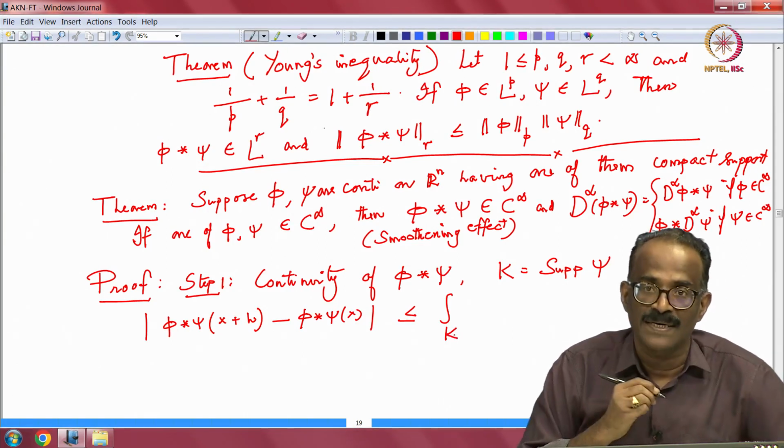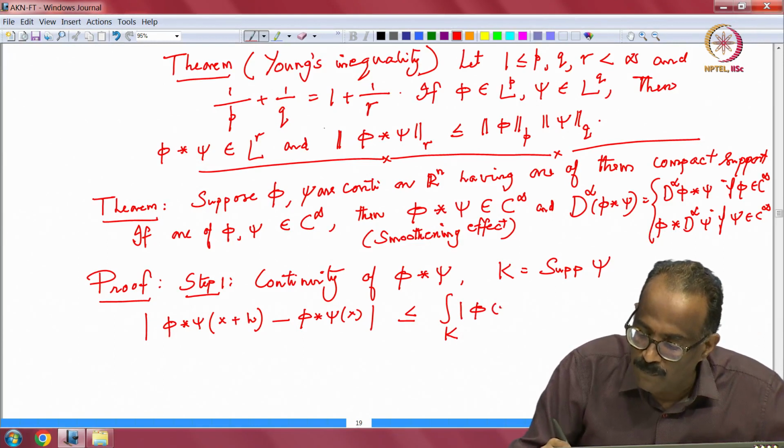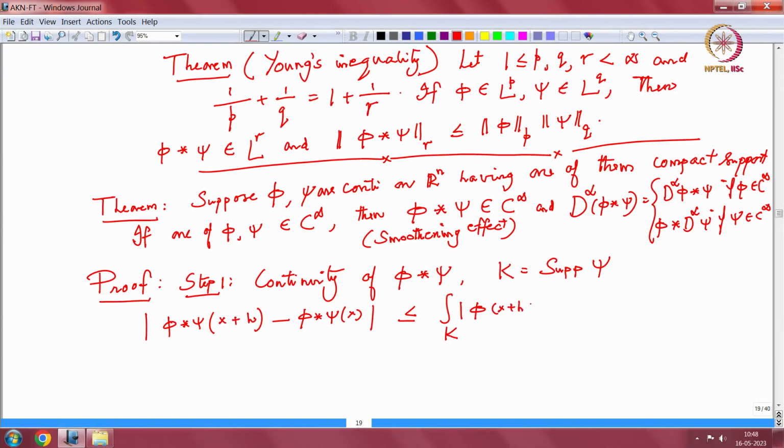So, it is enough to integrate over a compact set of modulus of phi of x plus h minus y, because of phi star psi at x plus h. So, you have to do minus. You write down the definitions. Okay. Minus phi of x minus y, this is coming from here, and then modulus of psi of y.